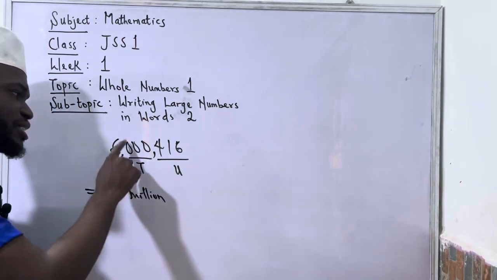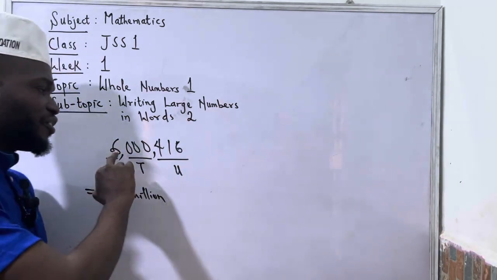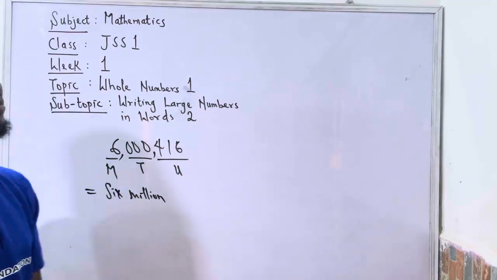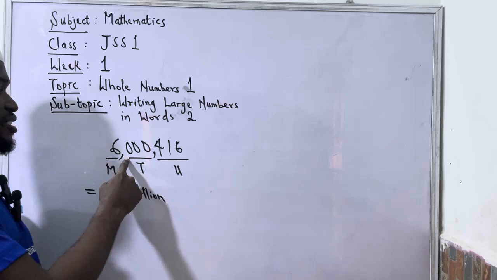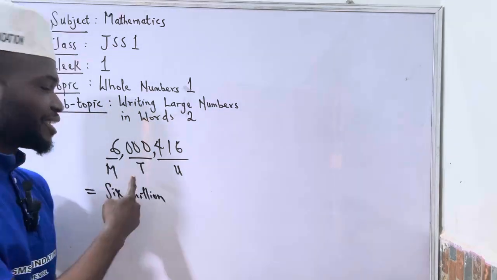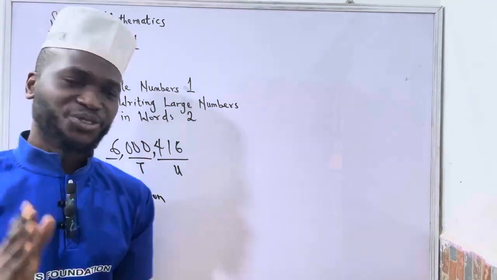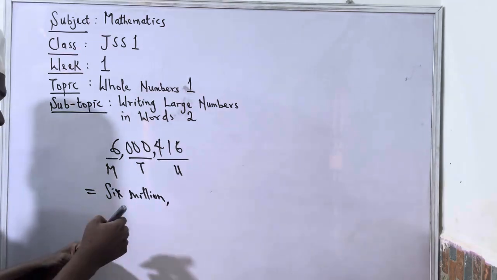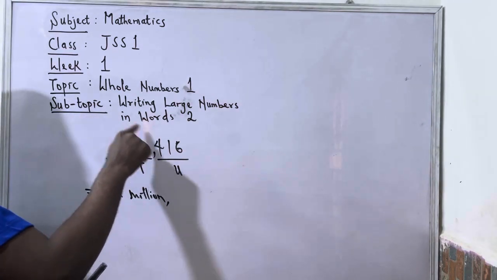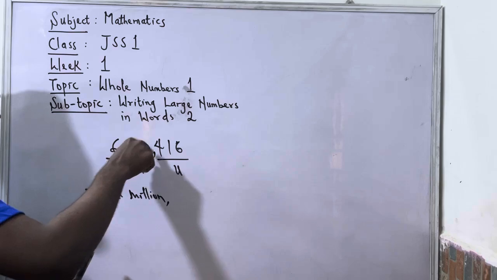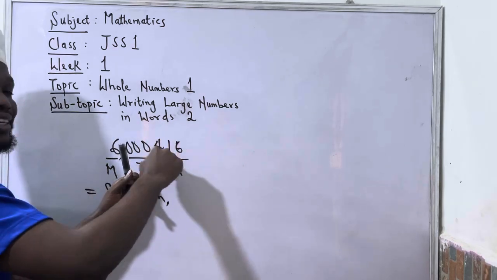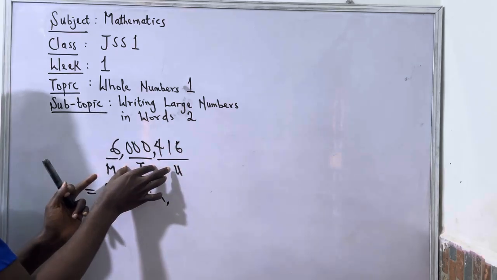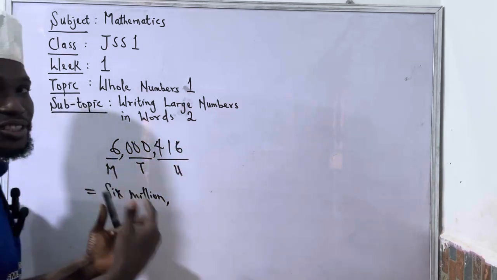Now, check the thousand family. We just have only zeros as the members. How do we pronounce that? Are we going to say 000 and 000? No, you can't do that. All you need to do is jump over the entire family and go to the last family, because this family is all zeros.